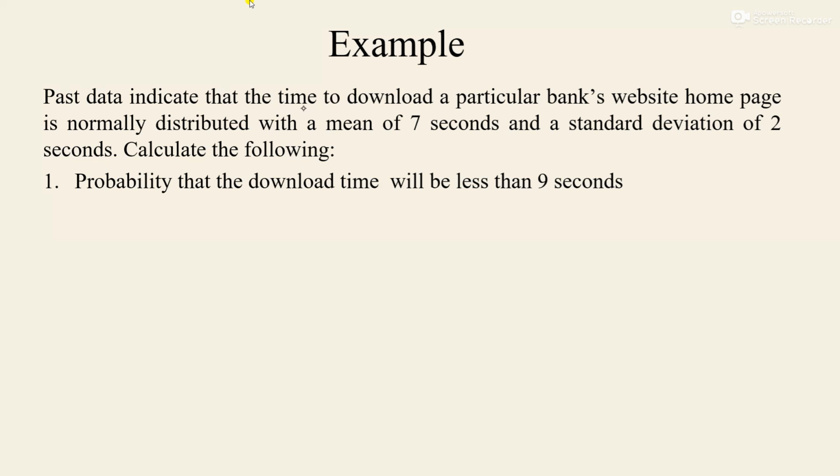Here the variable is the time to download a particular bank's website homepage, the downloading time, so we take it as X. Then they said this has a normal distribution.